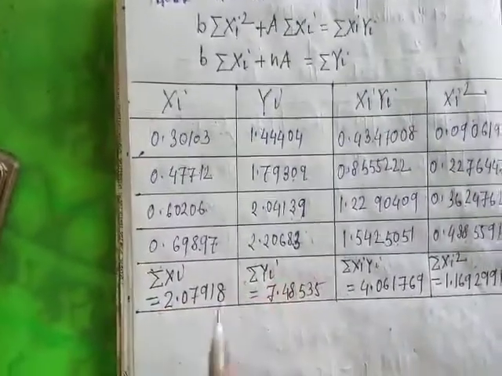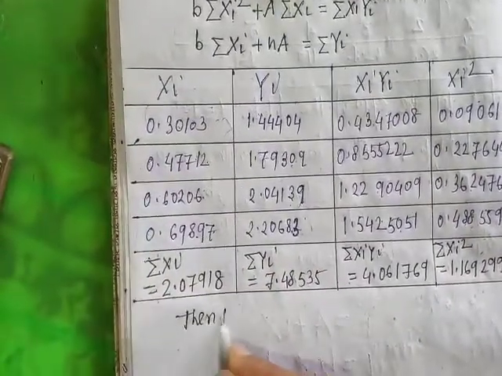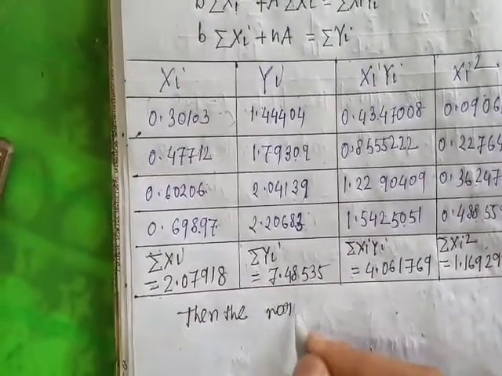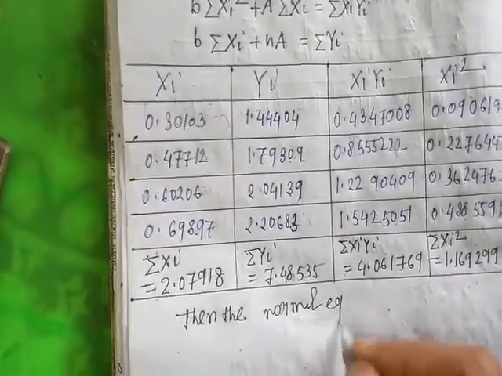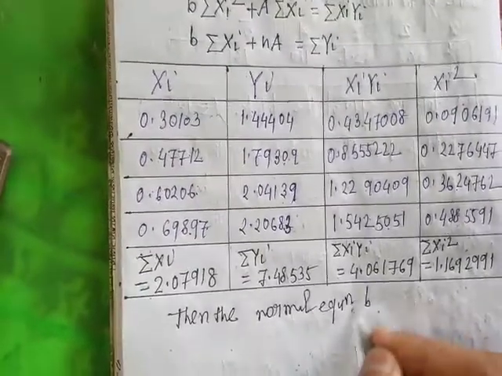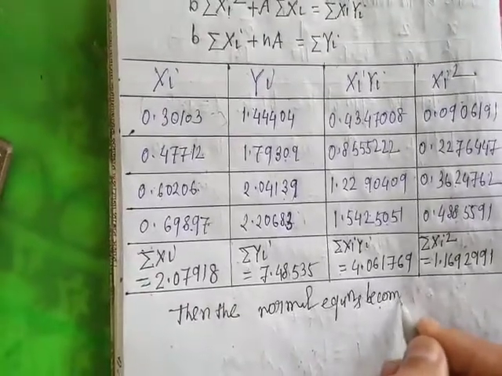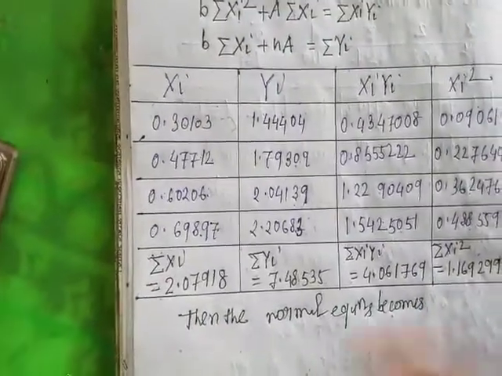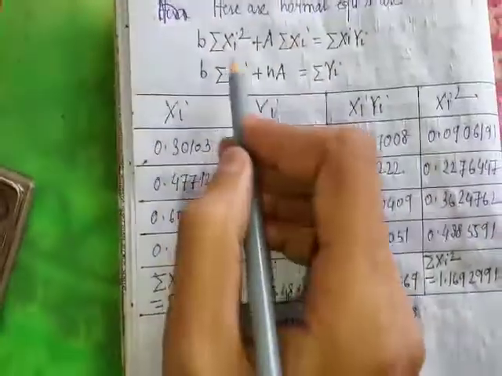After putting these values, the first equation becomes: summation xi square into b.